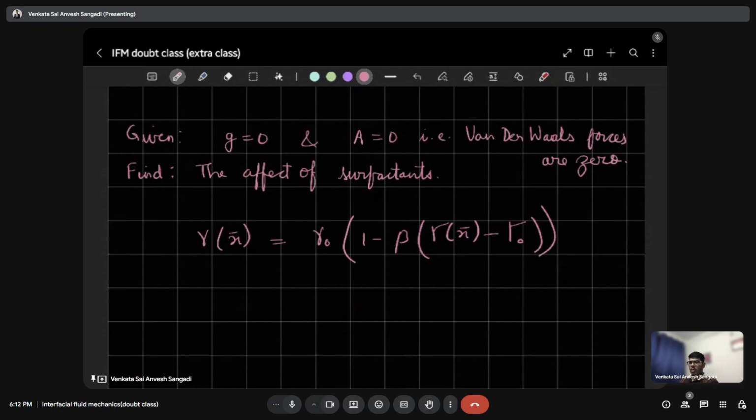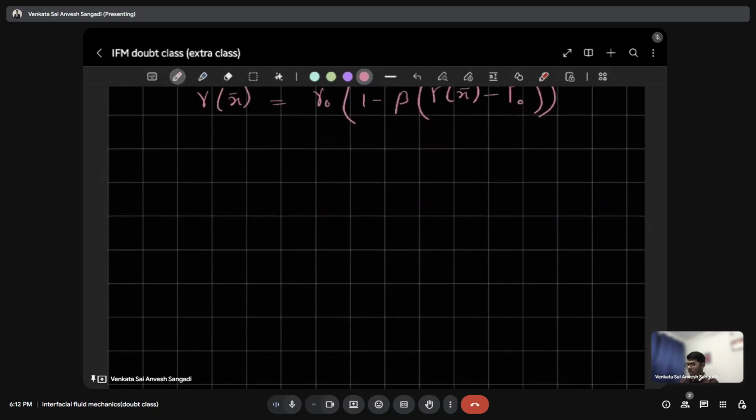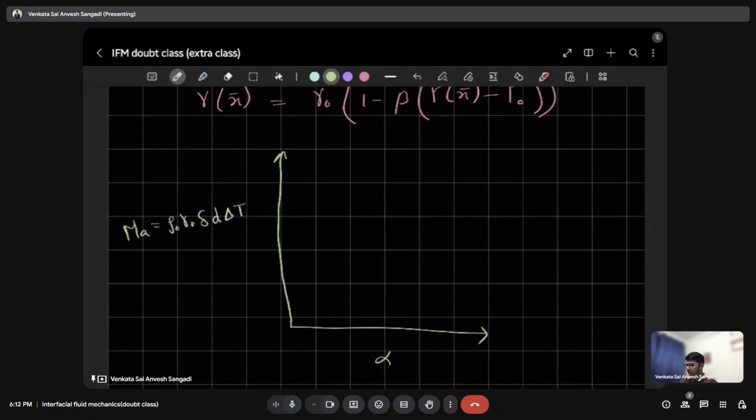It's a simple model, but let's look at the graph that we have for stability between the Marangoni number Ma and alpha. The Marangoni number can be written as rho naught, gamma naught, delta T, delta T by mu naught squared.